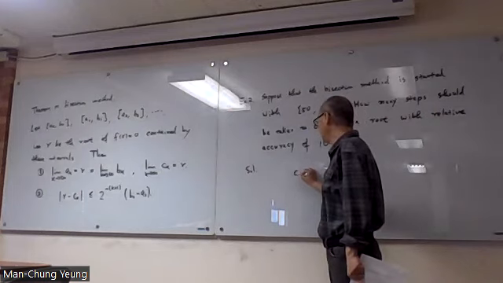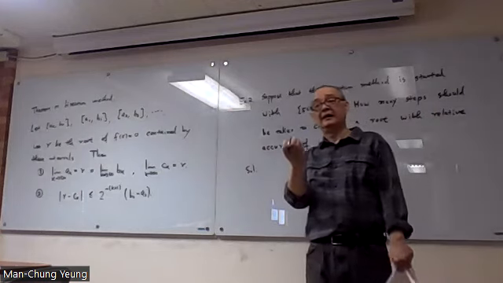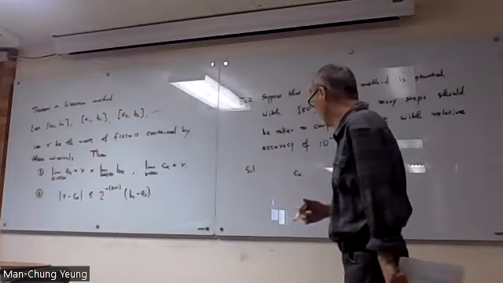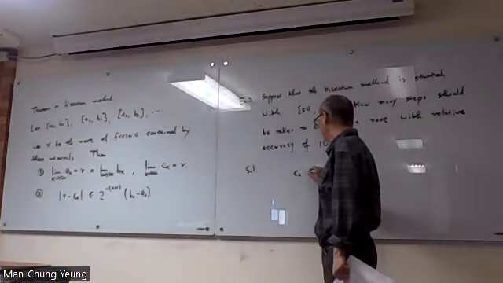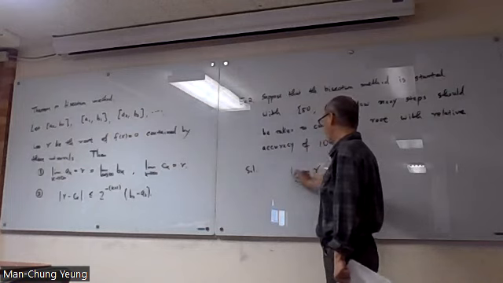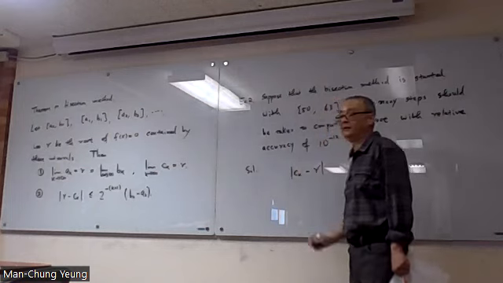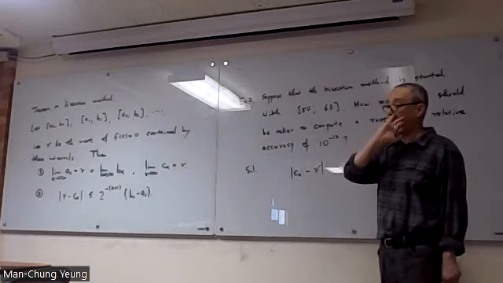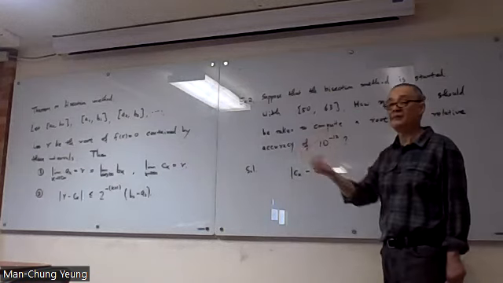Determine K such that CK, the midpoint of an interval, minus the root, absolute value, is the error of CK from the root.